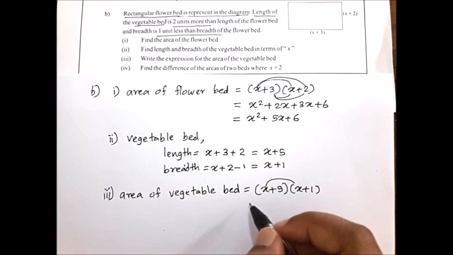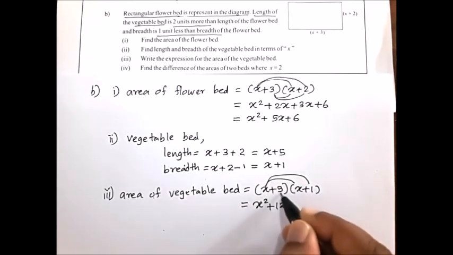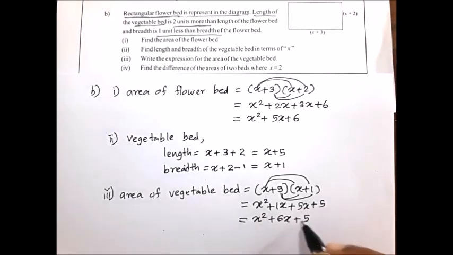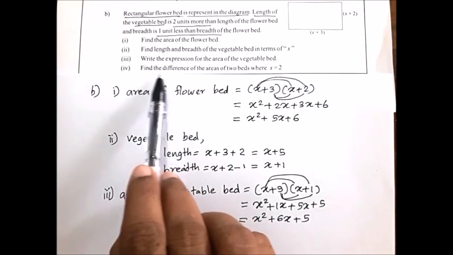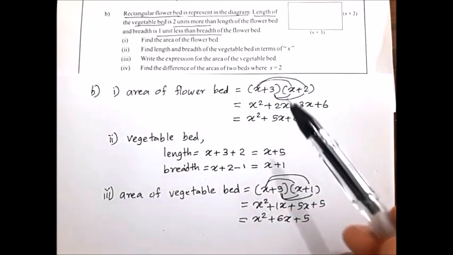Then remove the brackets. x to the power 2, 1x plus 5x plus 5. Write the simplest form. 1x plus 5x, 6x. And here 5.